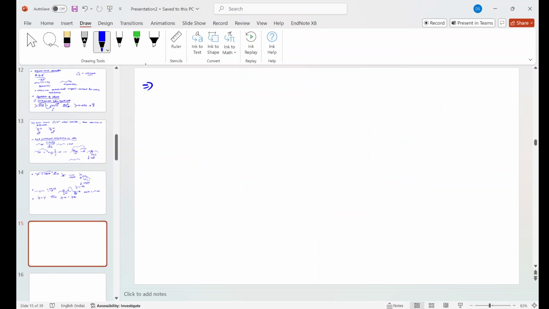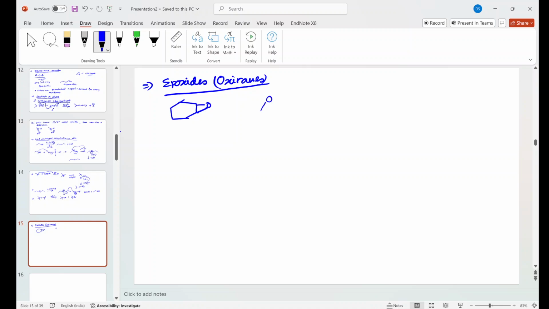Okay, so let us start the discussion on epoxides. Also, it is called oxirane. Okay. So, as I already discussed once, it will be a three-membered ring consisting of oxygen.